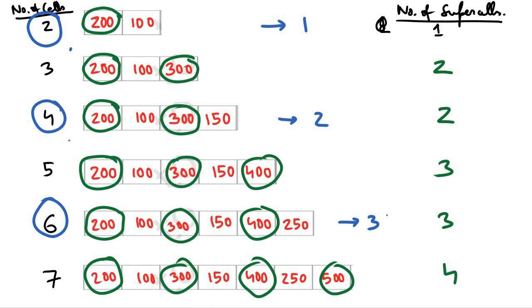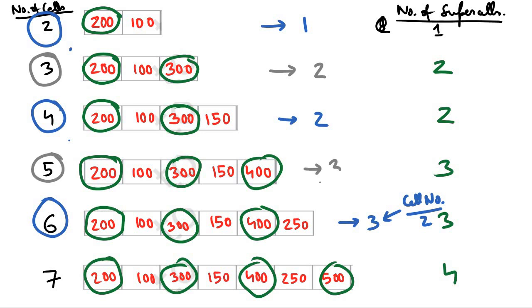So the number of supercells is the cell number divided by 2 if the number of cells is even. Whereas if the number of cells is odd, say this 3, then here it was 2, for 5 it was 3, and for 7 it was 4.